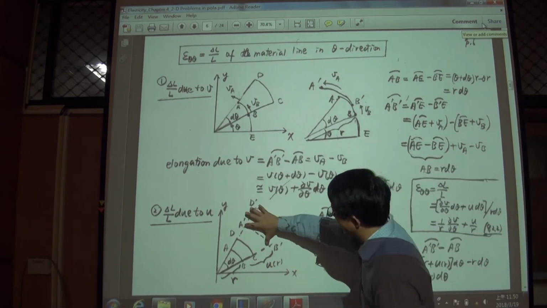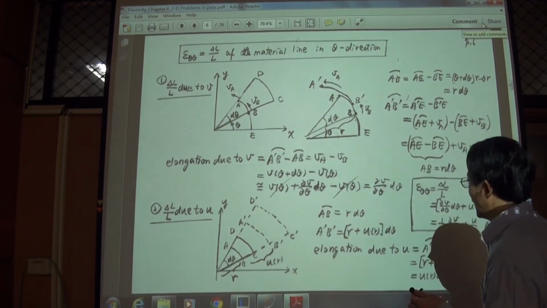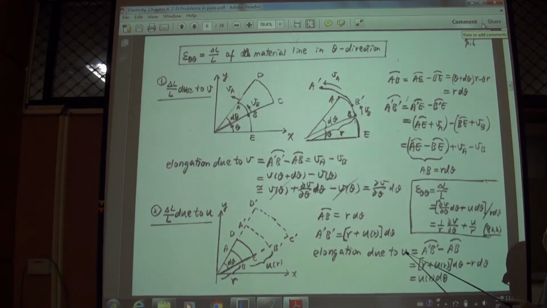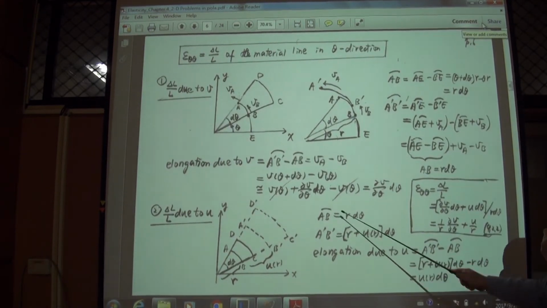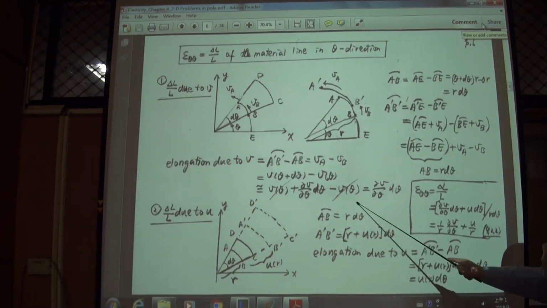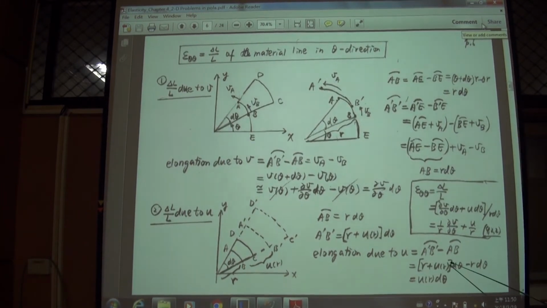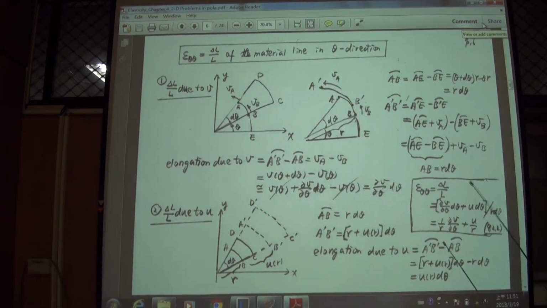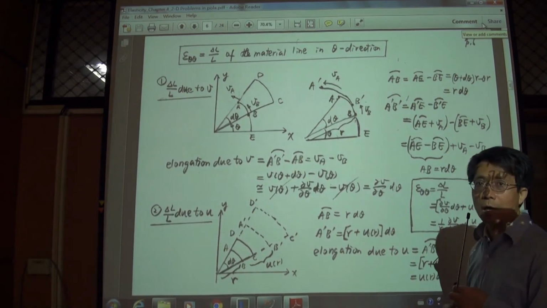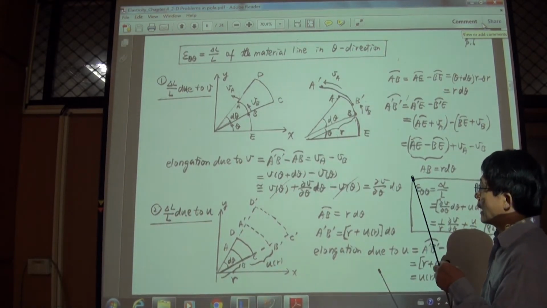We have AB equal to the radius times theta. Now the elongation due to U is this one subtract this one. So we put it like here and this one like here. Now we cancel out this term with this term and end up with this term. So we have two sources of the elongation in the theta direction.